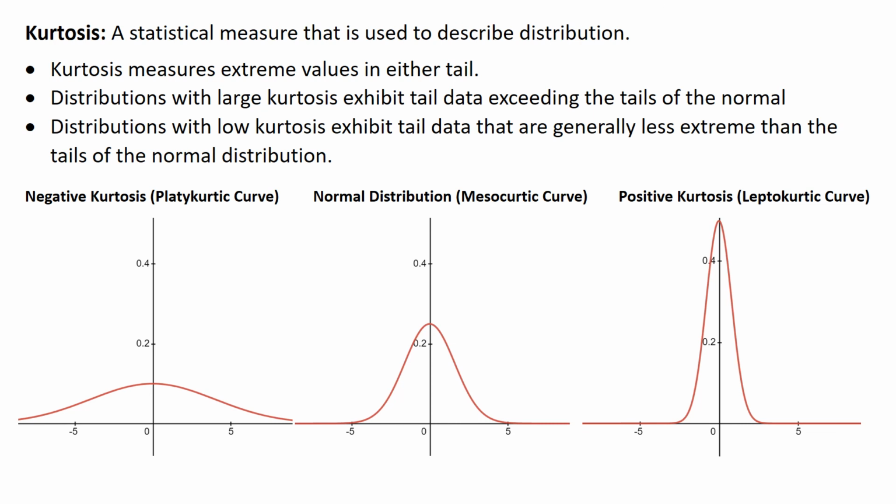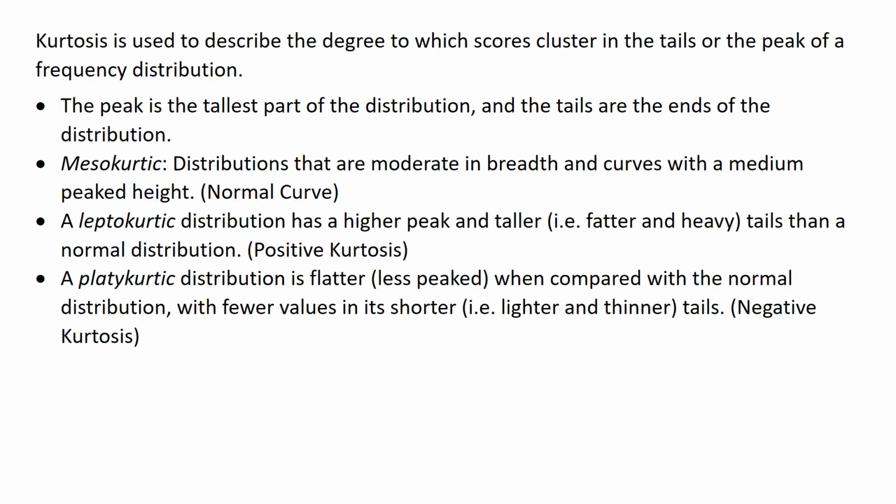Is it normal, as with the mesokurtic curve, a normal distribution, or is it positive, leptokurtic, where it's a very tight distribution, where it's distributed very closely to that center line? Now, obviously, with the platykurtic, the peak is at its lowest, the leptokurtic has the highest peak, and the mesokurtic is a normal distribution.